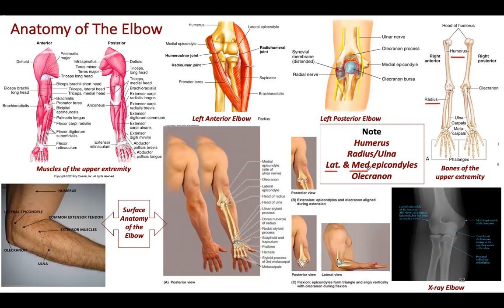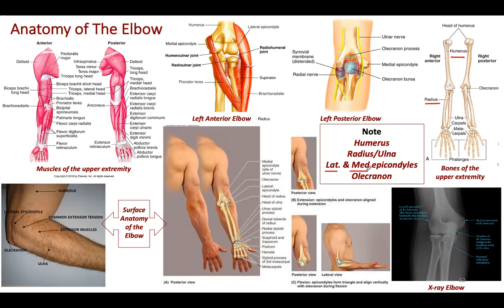The medial epicondyle in particular has the ulnar nerve passing just underneath it. And if you tap on the ulnar nerve here at the medial epicondyle, you can get this electric sensation, this tingling that shoots down your forearm, even into the little finger and the medial part of your hand.